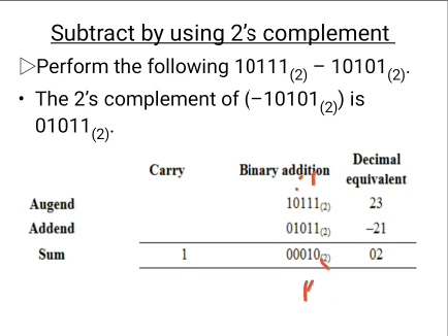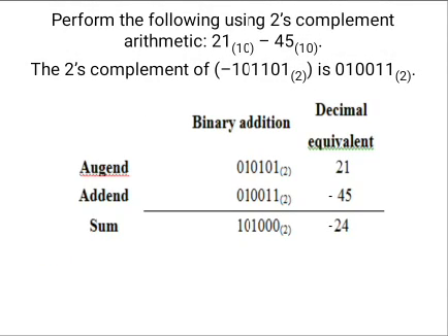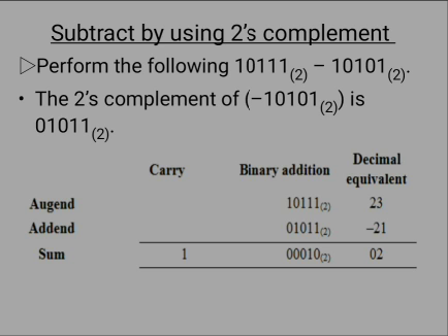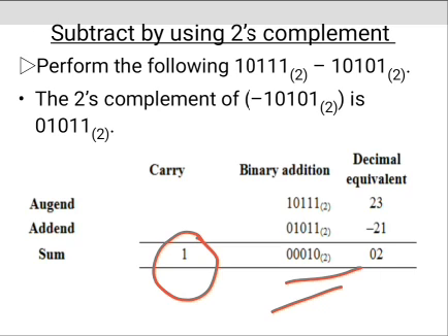In the fourth column, 1 plus 1 equals 0, carry 1. In the fifth column, 1 plus 1 equals 0 and carry 1. So when the result is positive, a carry is generated. This 1 is ignored. Since the result is positive, it is in the normal form. This is 2.